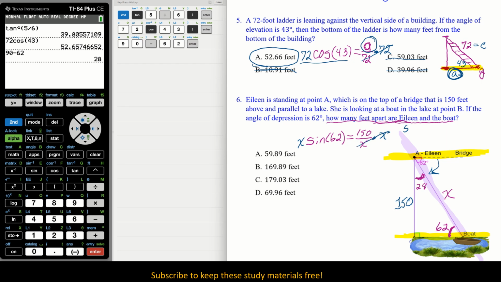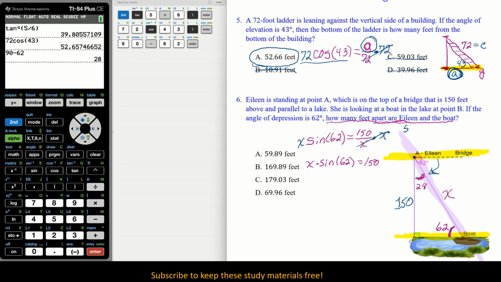So this means that we have x times the sine of 62, and then that will equal the 150.